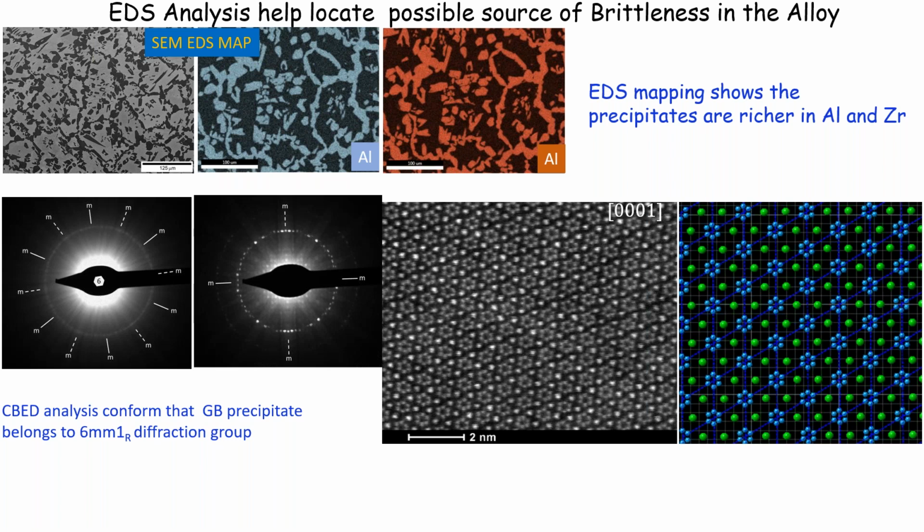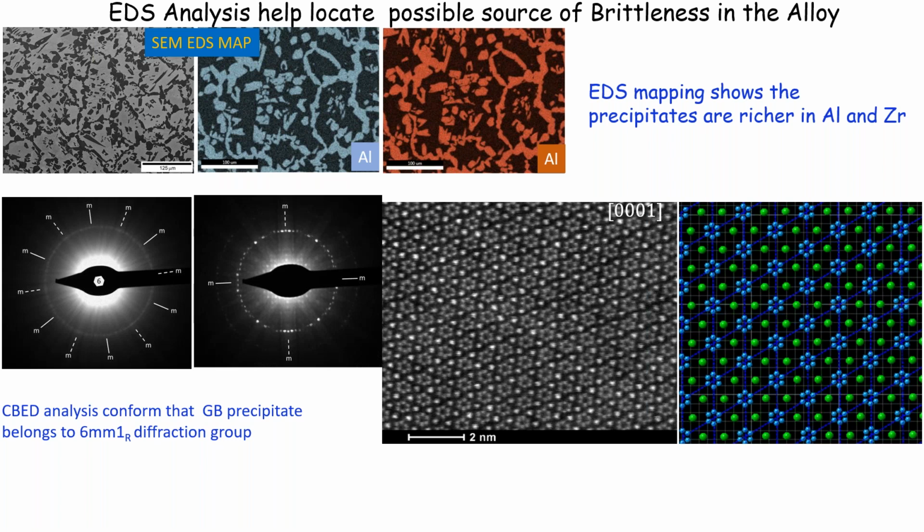So zirconium and aluminum segregate to the boundaries, which was limiting the ductility of these materials. And we didn't know that in the beginning until we found out, so the EDS helped us know initially what the composition was there. Based on that, we did some diffraction work on the left side on the TEM.